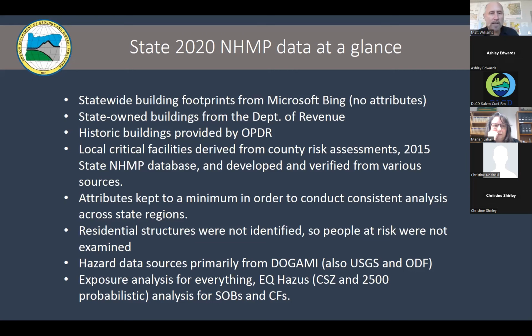Luckily there was an open source data set of building footprints that was developed by Microsoft in, I think, 2018, probably 2017-ish. So it was a very good data set. Come to find out there was somewhere between 5 to 10% of the buildings that were wrong, but it still was a very excellent data set to work with. So we had that.